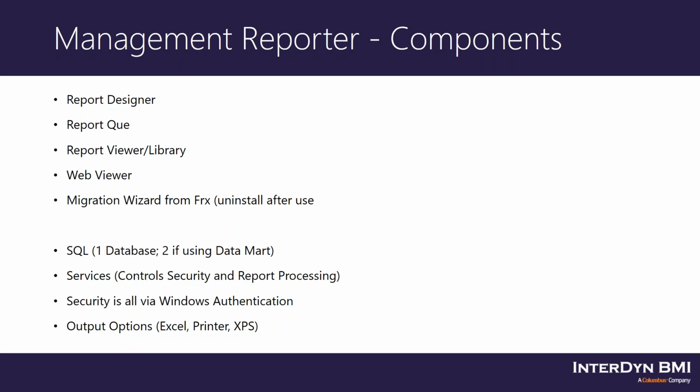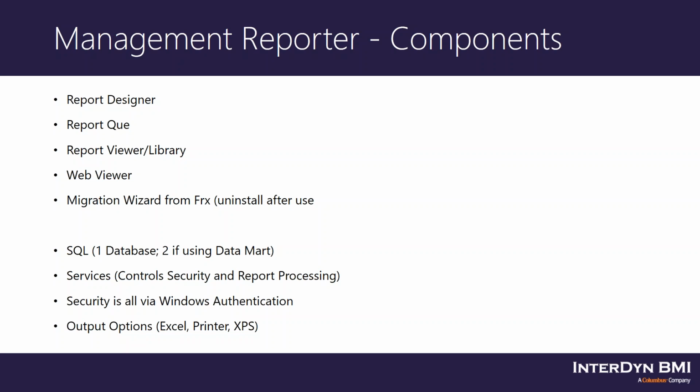On the server side, on the SQL database, you'll have two databases if you're using Datamart, only one if you're using the legacy data provider. There are some services: an application service and a process service that get installed when you install Management Reporter. All security is through Windows authentication, and for output options you have the ability to export to Excel.